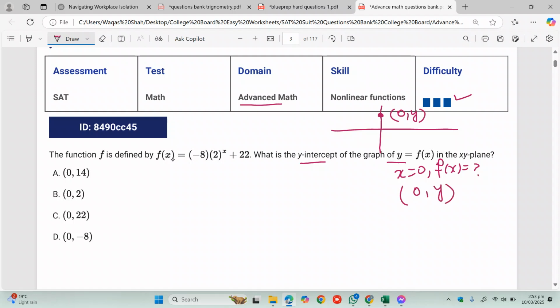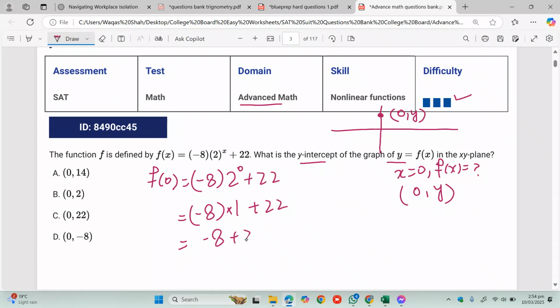So what we will do over here is put the value of x as 0. For the y-intercept, f of 0 is equal to negative 8 times 2 to the power 0 plus 22. 2 to the power 0 is 1, so that will be equal to negative 8 plus 22, which is equal to 14.